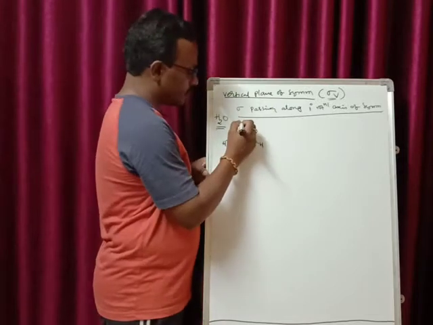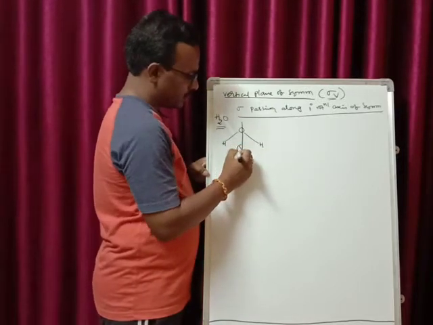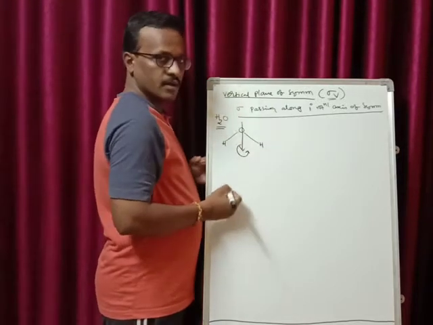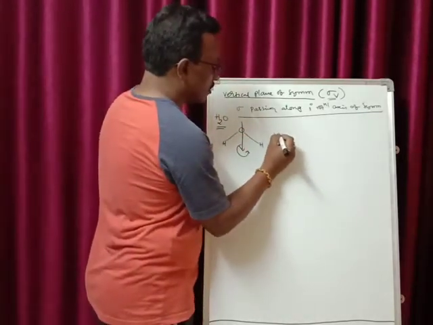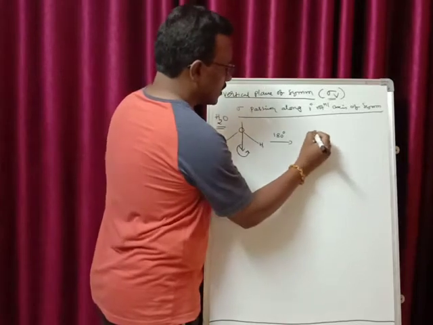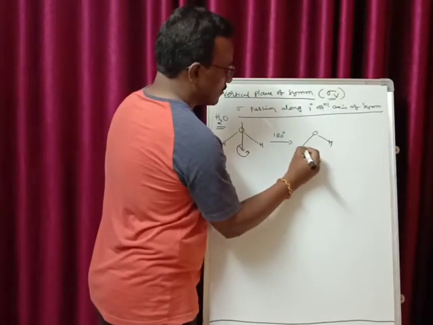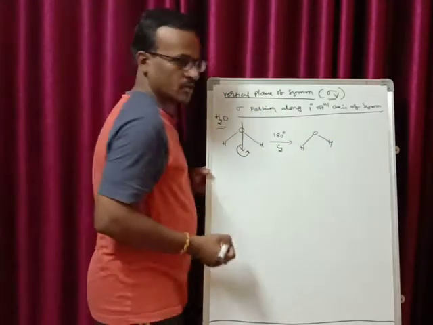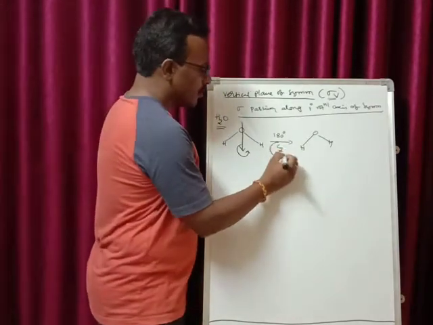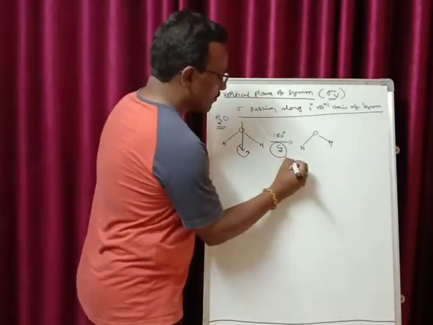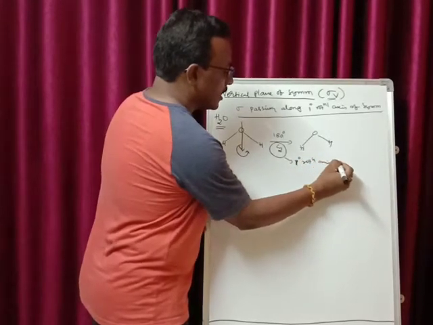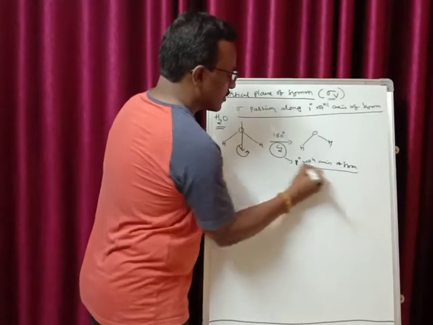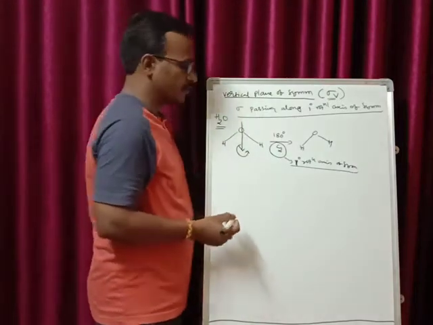In the water molecule, the rotational axis of symmetry is passing through the oxygen. On rotation by 180 degrees, what will it give you? An equivalent structure, that is, it has C2. So in the water molecule, C2 is the principal rotational axis of symmetry.